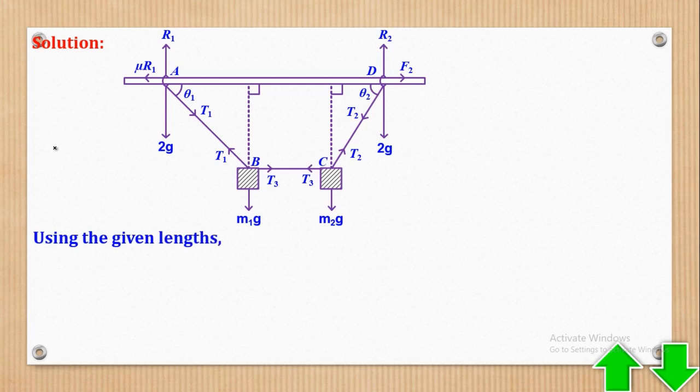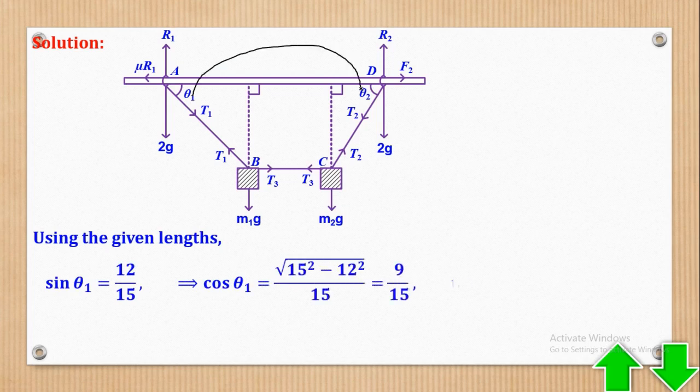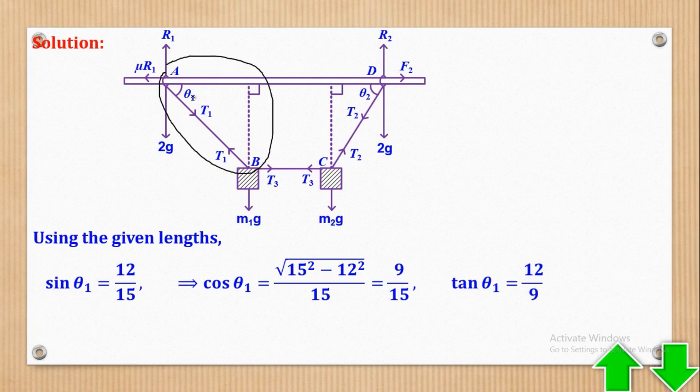Next is to find the values of θ1 and θ2, because there's no way you can resolve when you don't have those angles. So for θ1, when I use this triangle, I realize that this is the opposite, this is the adjacent, and this is the hypotenuse. Therefore sine θ is opposite over hypotenuse.